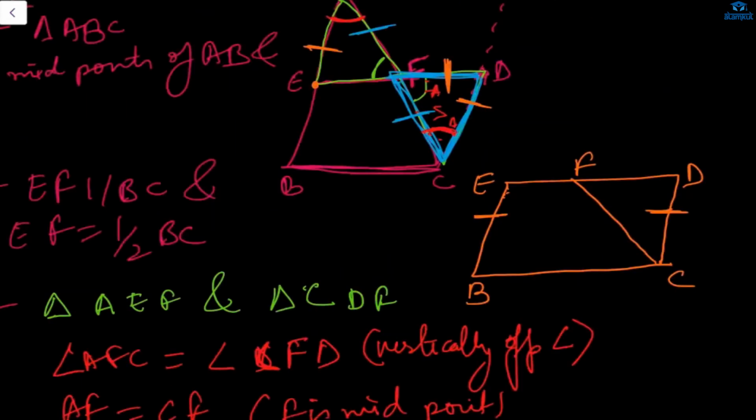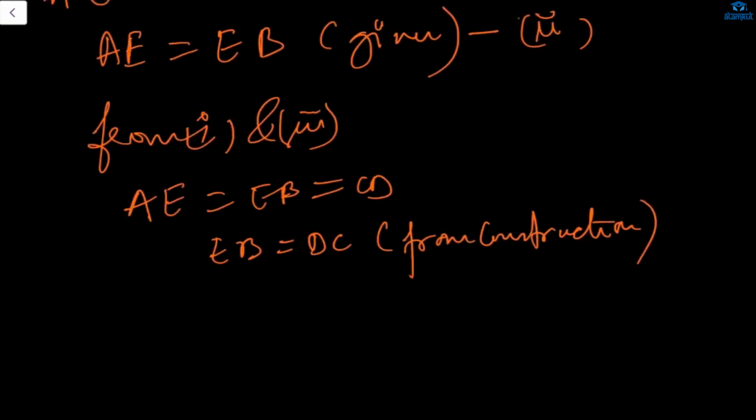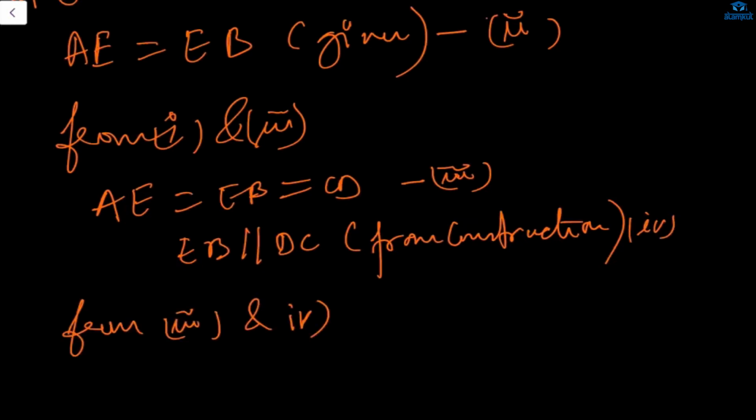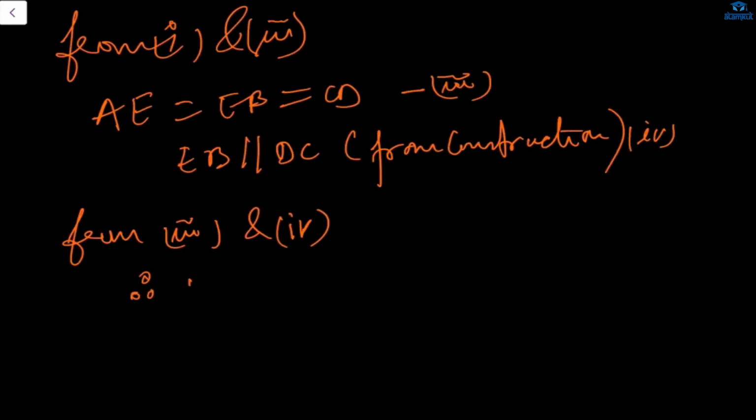If you remember, in the quadrilateral chapter, inside the properties of parallelogram, we studied one theorem: if one pair of opposite sides of a quadrilateral is equal and parallel, then it is a parallelogram. So from third and fourth, what we have got is that BCDE is a parallelogram.